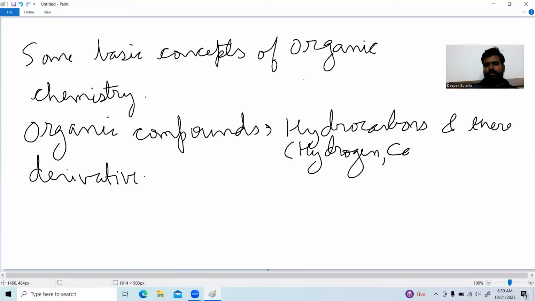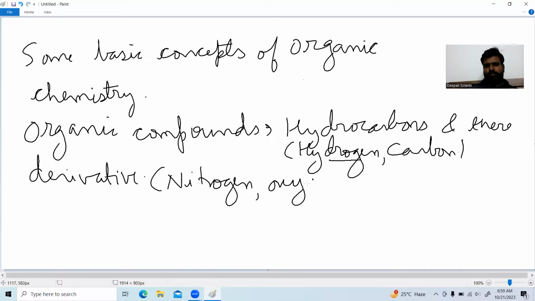And what do we mean by derivatives? Derivative means if you remove hydrogen and put in elements like nitrogen, oxygen, and sulfur, that is known as its derivative. So this is the basic definition of organic compounds.